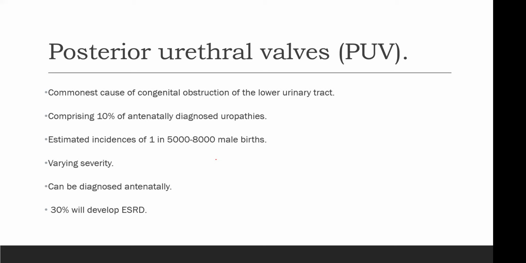The severity varies from mild to very severe, and it can be lethal as well. They can be diagnosed antenatally, and about a third of these patients will grow up and develop end-stage renal disease, and they might need a renal transplant at a later stage.